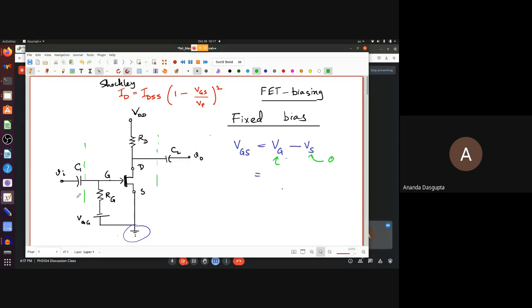You can simply forget about that. So how can you figure out the amount of current which flows through this RG? Any current here, where will it come from or where will it go?